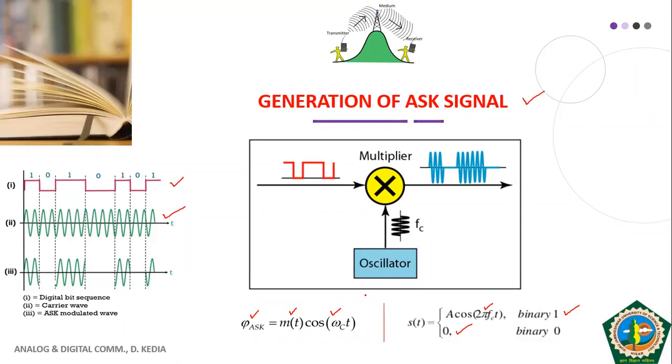In terms of block diagram or circuitry, we need a multiplier. Here my digital information signal comes, and this is my carrier signal which is generated by the oscillator. If you multiply, we get your ASK signal. There is nothing much to explain in it. It is very, very simple to generate an ASK signal just by using a multiplier.